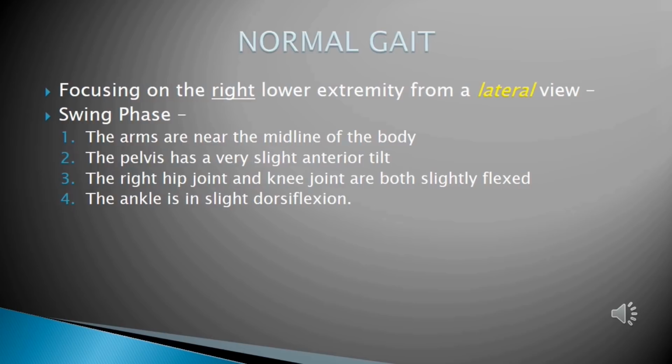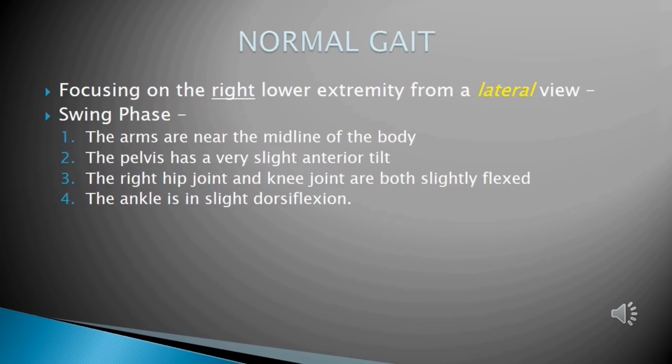So some normal findings during the swing phase of gait would include the facts that the arms are near the midline of the body, the pelvis has a very slight anterior tilt, the right hip joint and the knee joint are both slightly flexed, and that's important to allow the leg to come through and clear the ground and accelerate through the swing phase of gait to approach the next gait cycle, beginning with initial contact at heel strike.